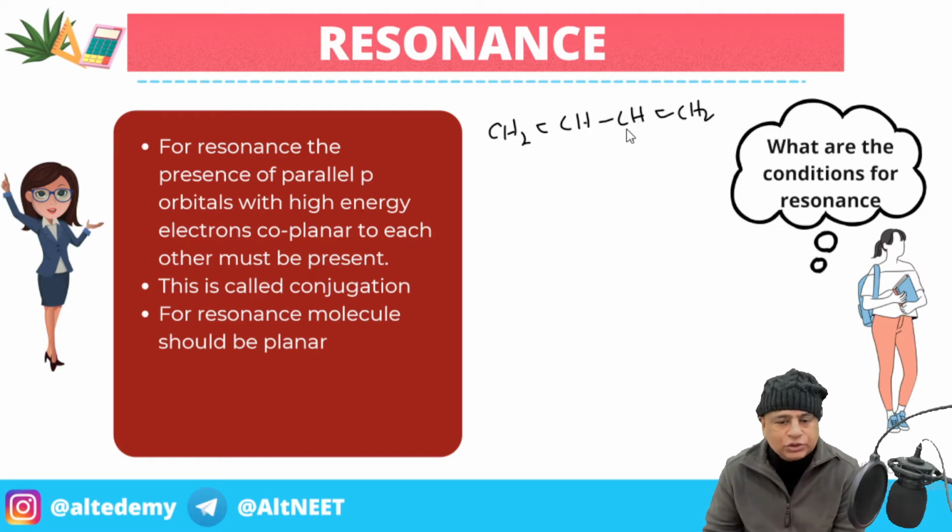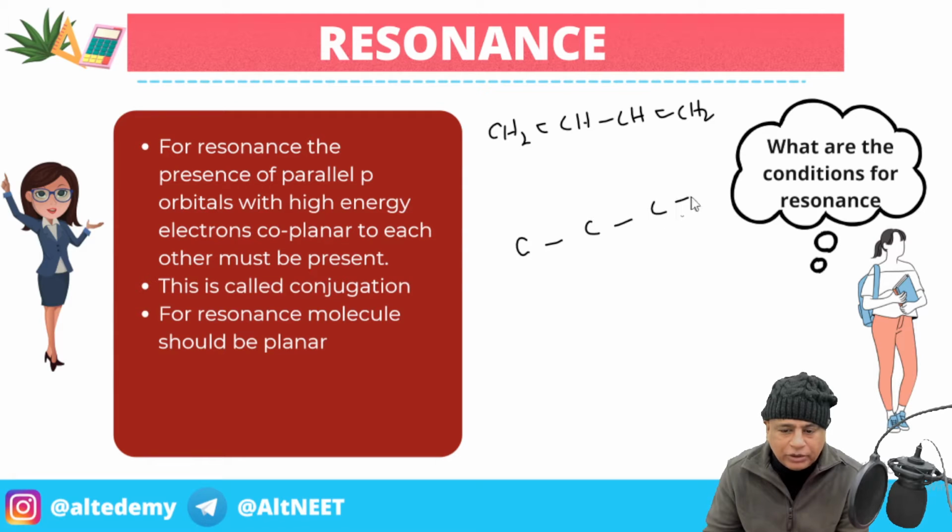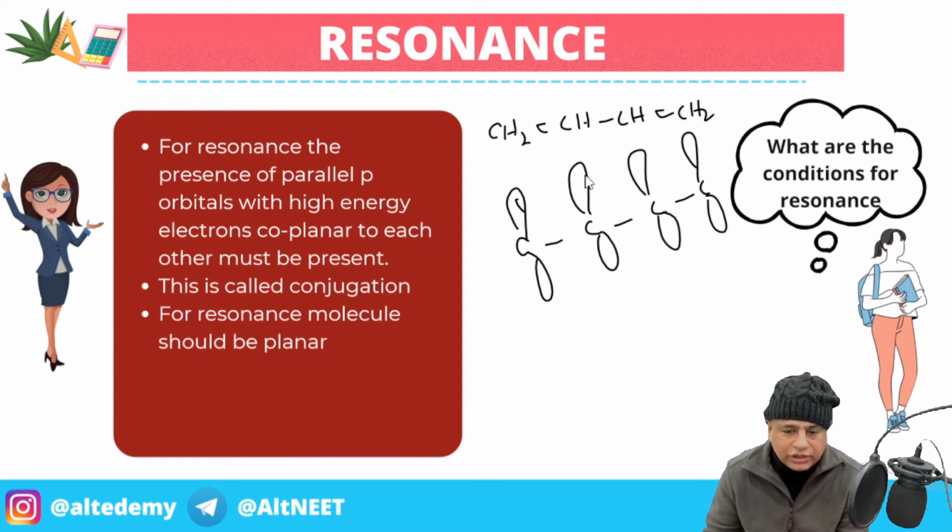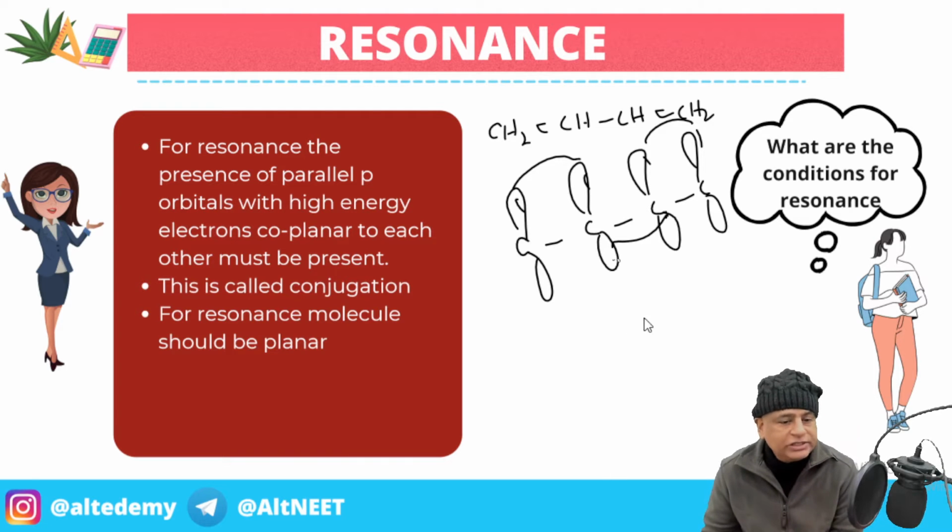This compound is called a conjugated compound. Why is it called a conjugated compound? Because if you draw these compounds, you will have pure p orbitals, and these pure p orbitals will have one electron each which can combine with each other. Sometimes these two can combine, sometimes these two can combine. So this kind of conjugation happens.